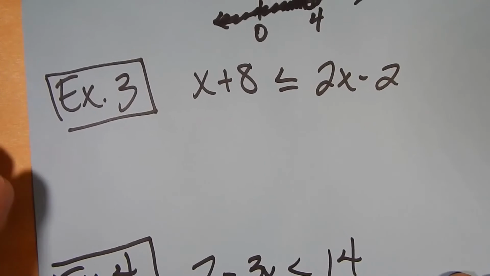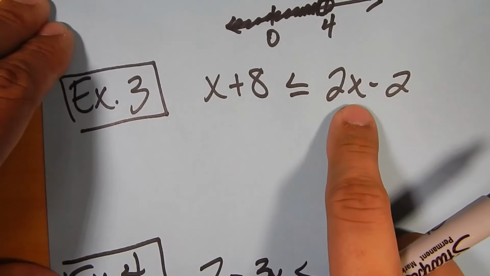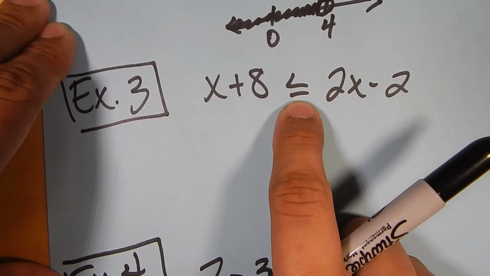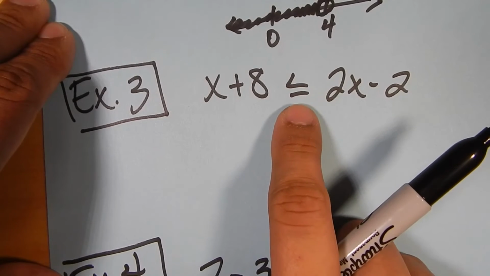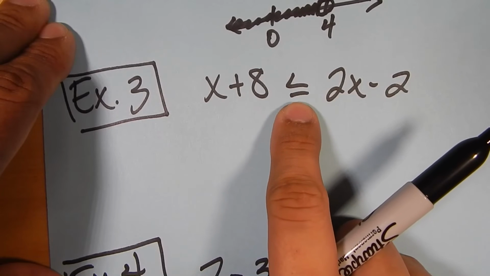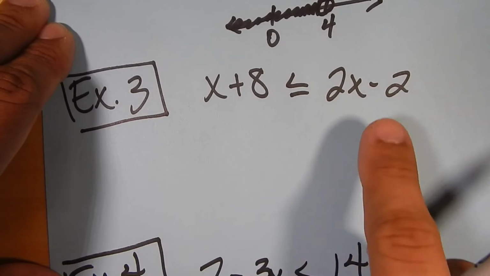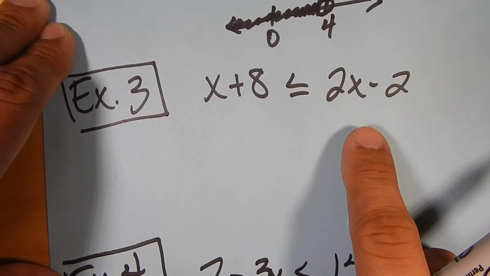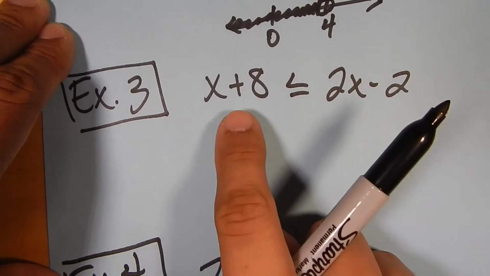Okay, example 3. Here we've got two variables, so we have to be careful about that. We notice that we do have a line underneath, so when we go to graph this, we're going to need to include the point that we get. Let's look at dealing with this.